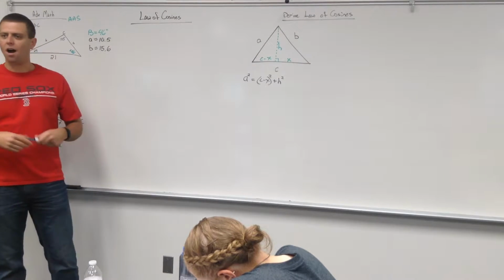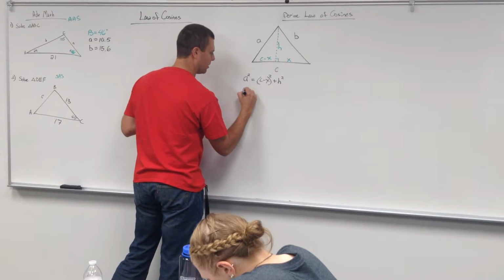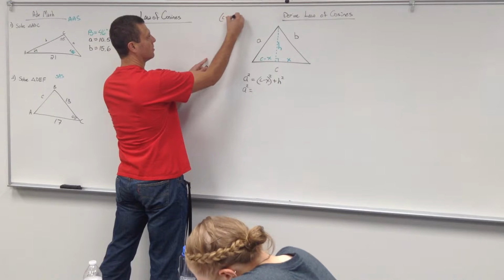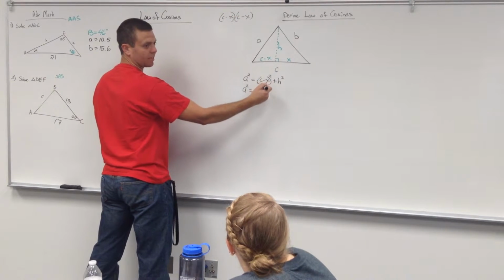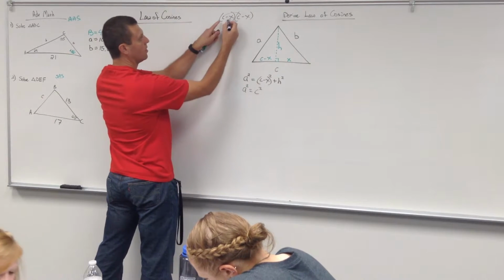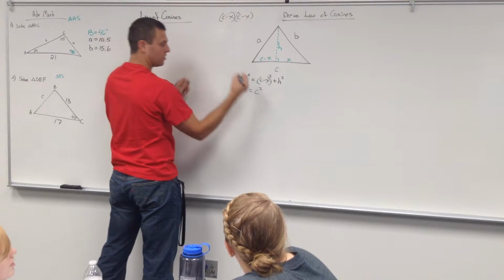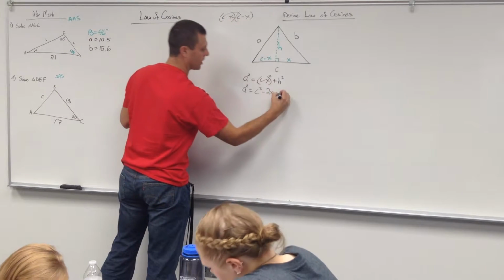Okay. All right. I'm going to do a little bit of FOILing, some algebra here. So C minus X times itself, right? I'm going to square C minus X. C squared minus XC minus XC. So that's minus 2XC. And then plus X squared.